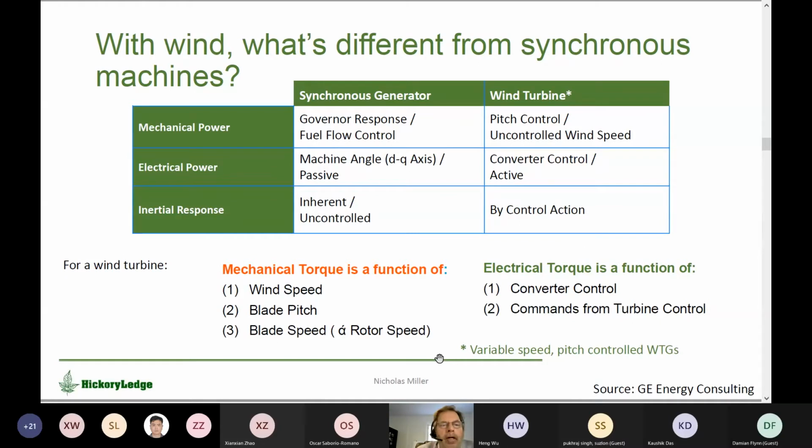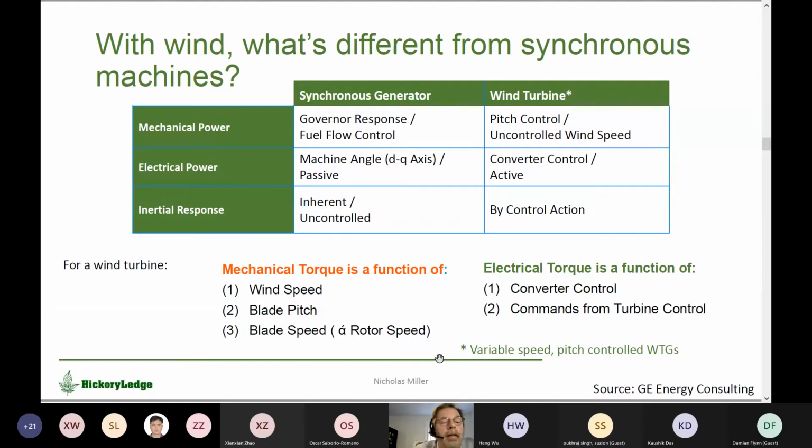Synchronous machine, we control the mechanical power generally with fuel. The electrical power is completely passive. It interacts with the grid in some fashion related to its internal angle and the grid, secondarily the magnitude of the internal voltage of the flux, which we have a little bit of control over.